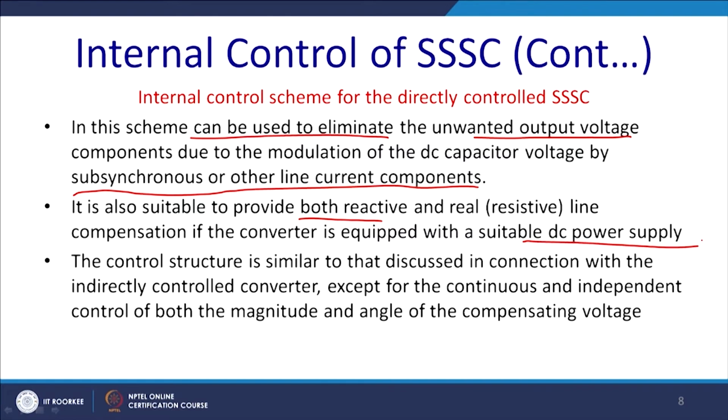The control structure is similar to that discussed in connection with the indirectly controlled converter, except that continuous and independent control of both the magnitude as well as the angle of the compensation voltage is required.